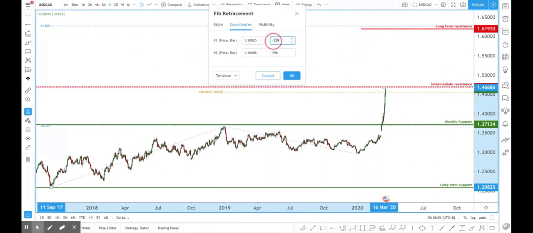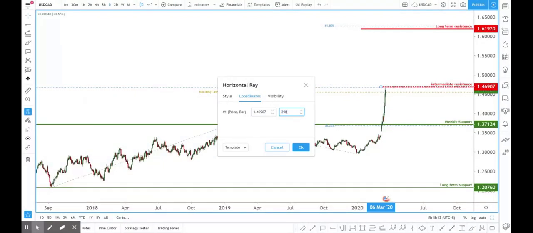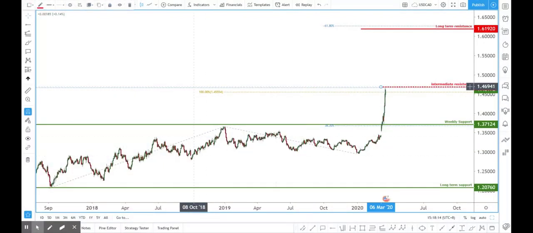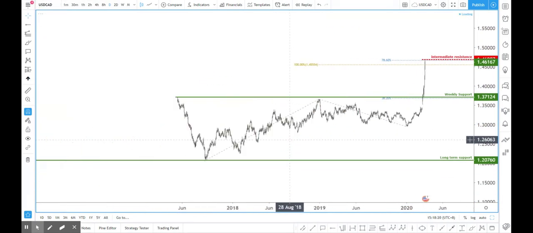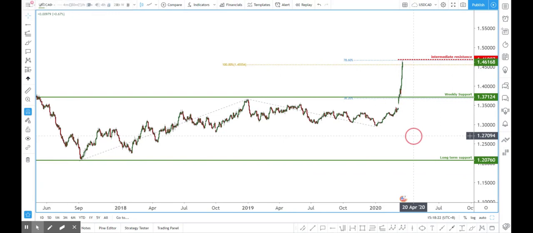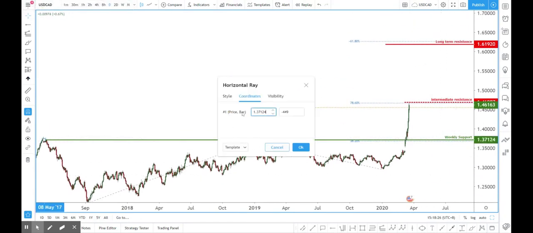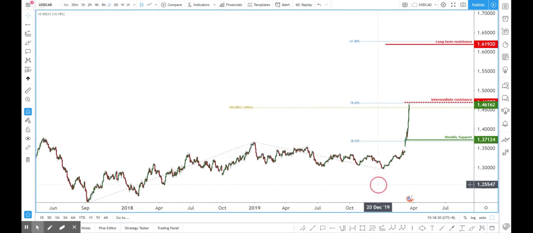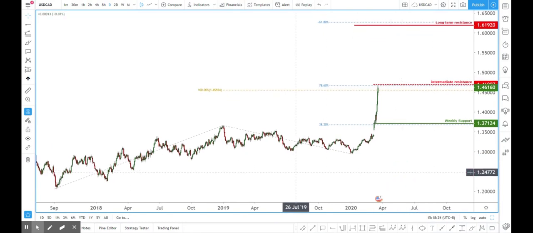Let me tidy this up. I can remove the long-term support because it's too far away for now, so we'll just look at the weekly support. Okay, so this is the current price action that we have, right?